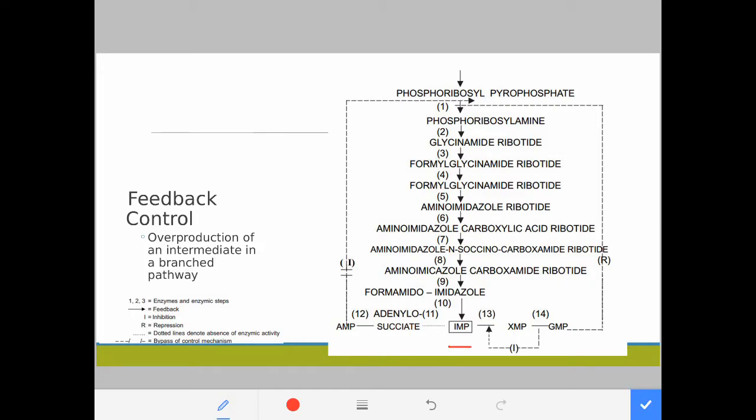Now IMP is a metabolite that is part of the pathway responsible for the production of guanosine monophosphate, your nucleotides, and it's also part of another pathway that has AMP and GMP. So IMP is in the middle of the branch. It can be used to produce GMP or AMP, but you just want to overproduce IMP without producing AMP or GMP.